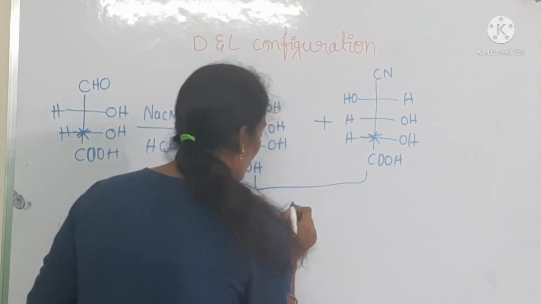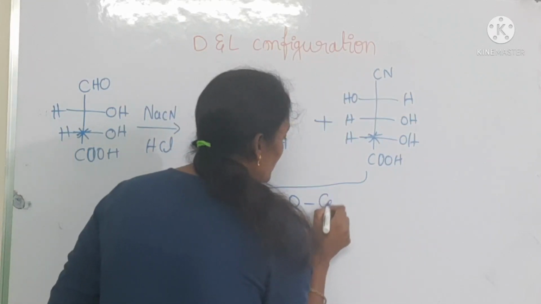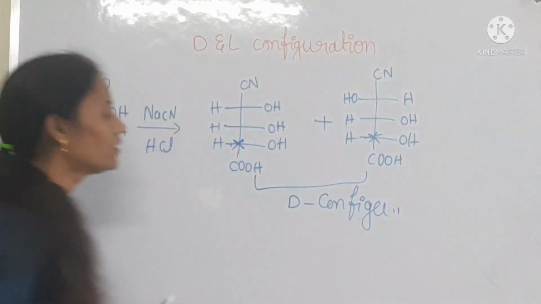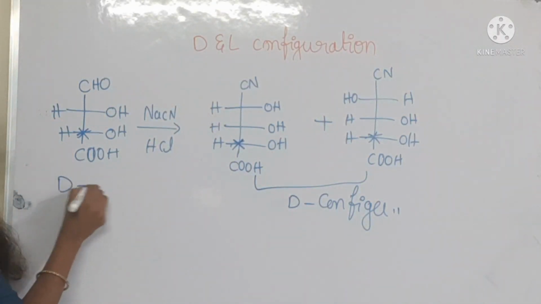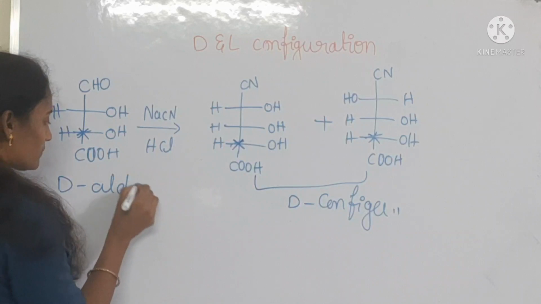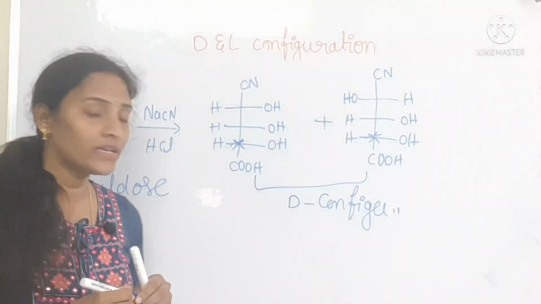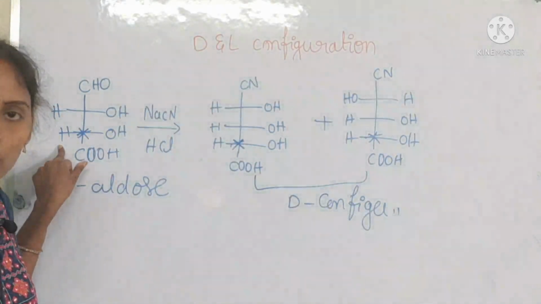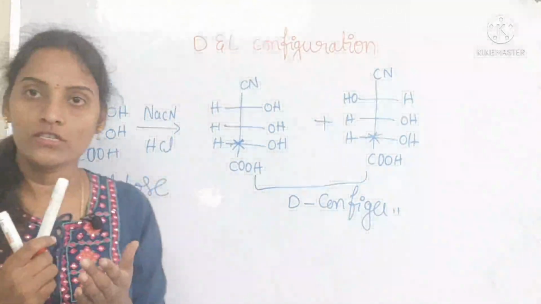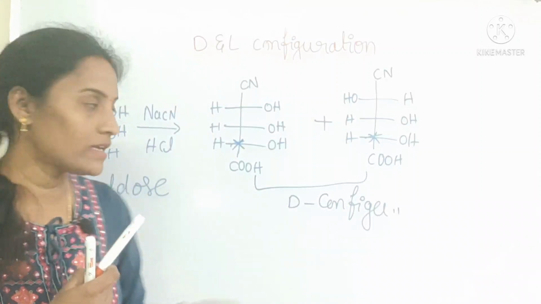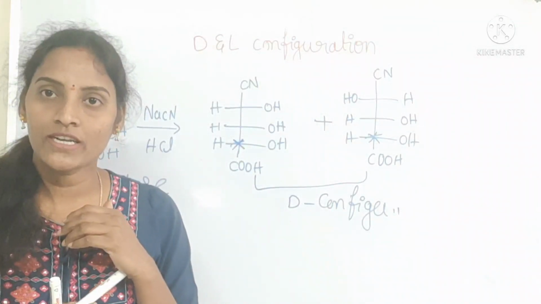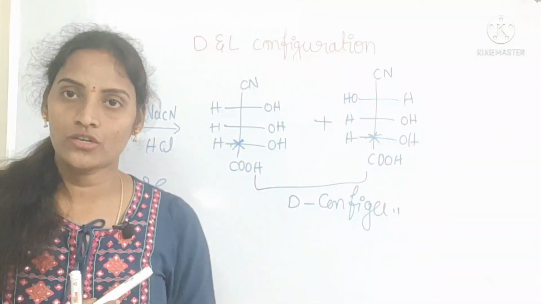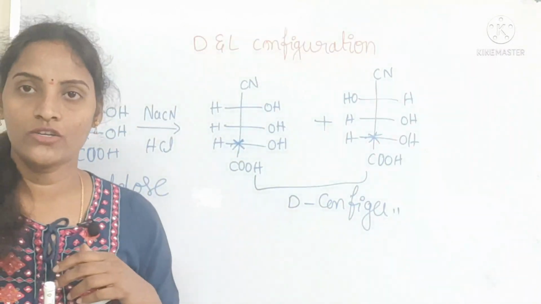Both isomers have D configuration. The starting aldose is also a D aldose. Here the nucleophilic substitution reaction is not taking place at the bottommost asymmetric center. Because of this, there is no disturbance at the differentiating asymmetric center. That one gives you the configuration of that molecule.